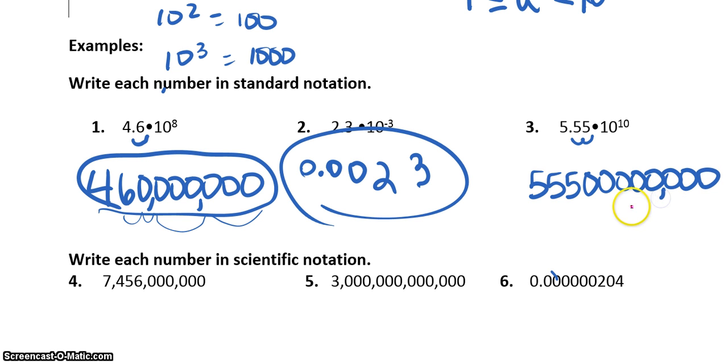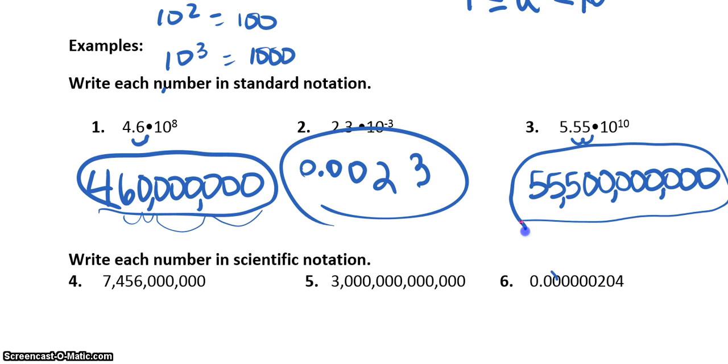So 1, 2, 3, comma, 1, 2, 3, comma, 1, 2, 3, comma. To check again, we moved it 3, 6, 9, 10 to get us back to where the original decimal point was.